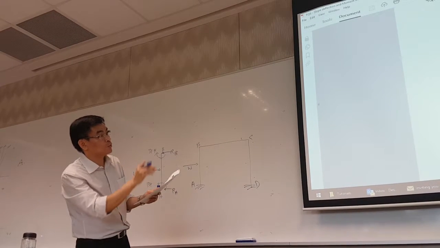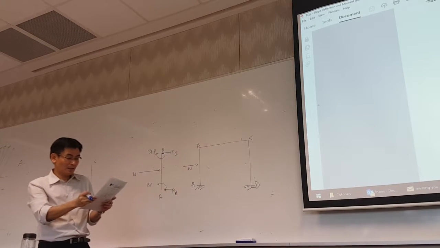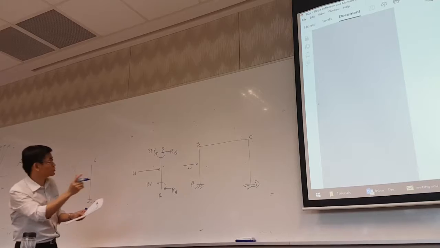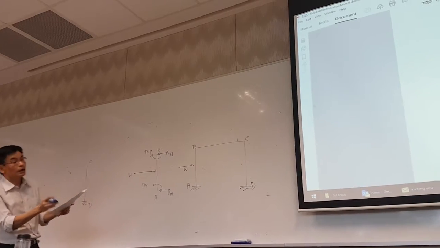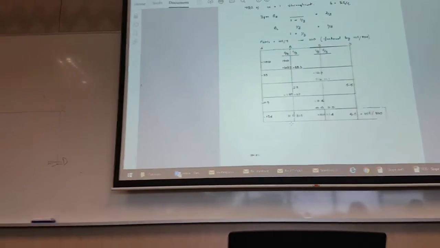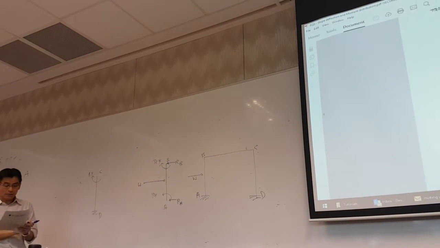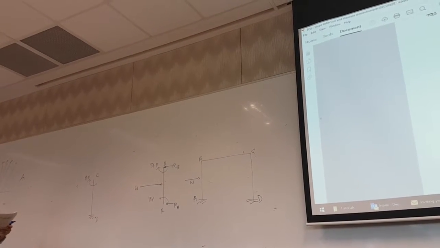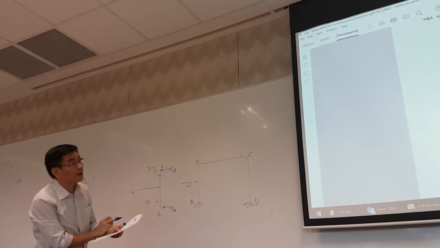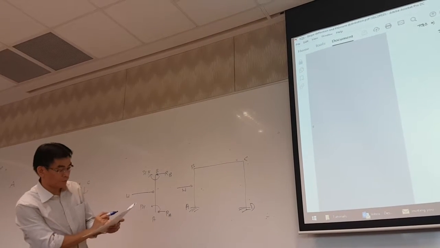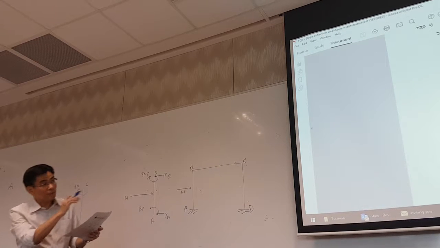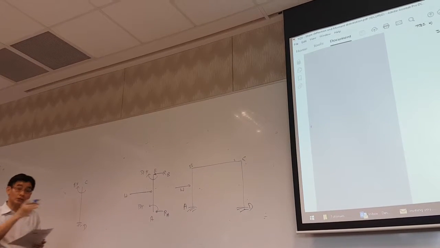What's the moment at C? The moment at C is going to be 11.4, and is it clockwise or anti-clockwise? Clockwise, right? So this is going to be 11.4. And your D? D is negative, right? No, it's actually 5.5. So it's 5.5, so that's why it's actually clockwise as well.